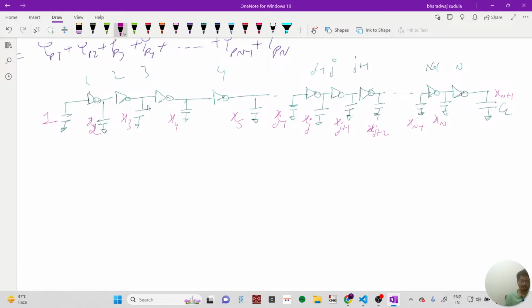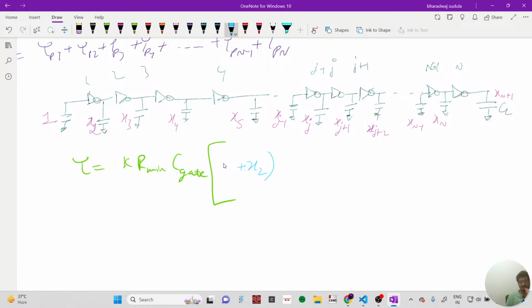Now if I write the expression that we have, this is the gate cap, and the expression turns out to be the first gate's diffusion cap, and the first gate's output cap is x2.